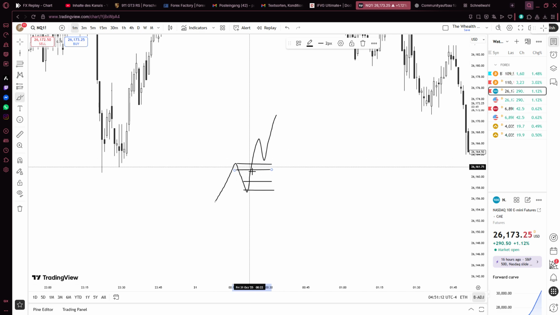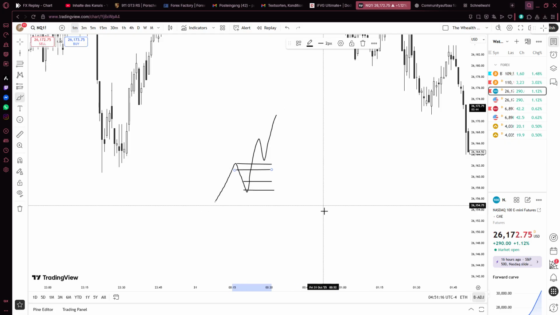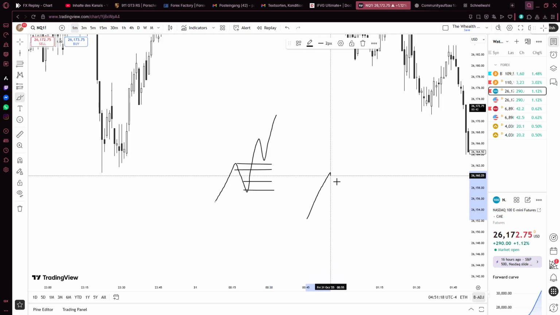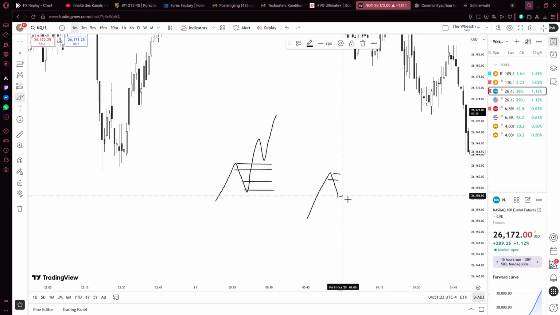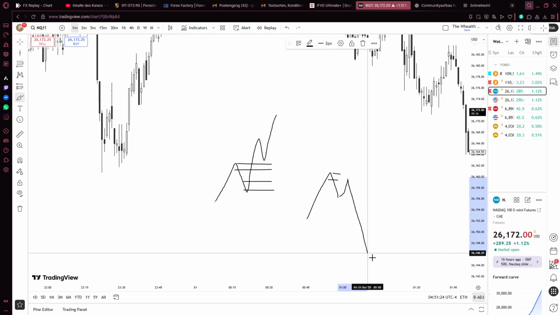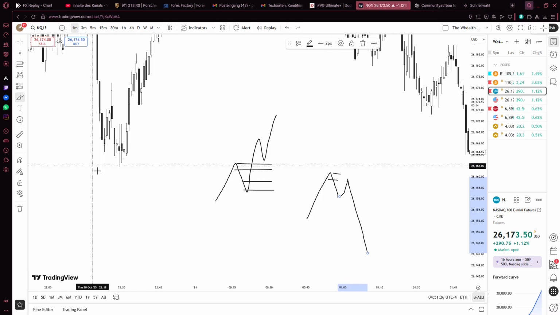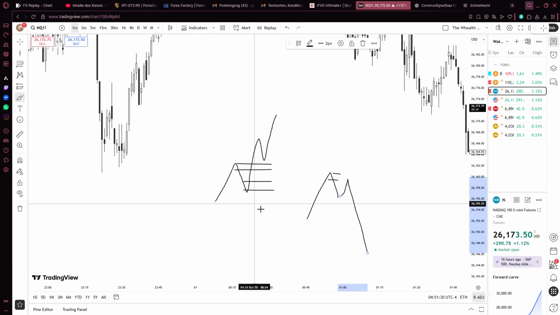In this scenario, you would assume if price... wait, let me draw it out again. We create an order block, and we would assume to tap in and go lower, like here. But yeah, it's not a perfect order block. But we inverse it. It's like a fair value gap.